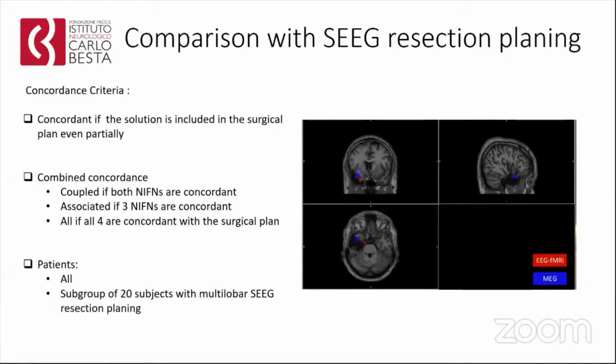In order to calculate the concordance of all the categories, we combined the single and coupled techniques, adding another technique every time and calculating all the concordances. We calculated for one method, and then added more and more, and finally, if all were concordant with the surgical plan, that should be the best option.